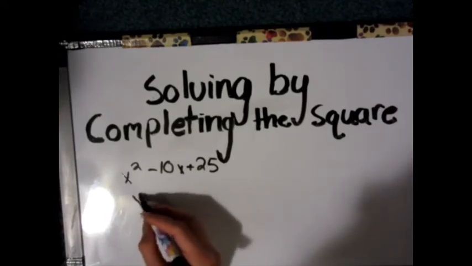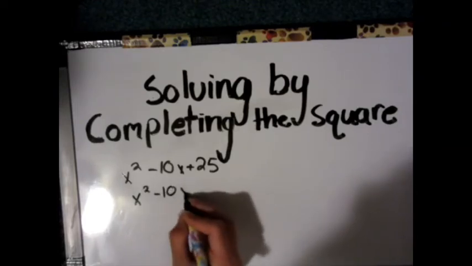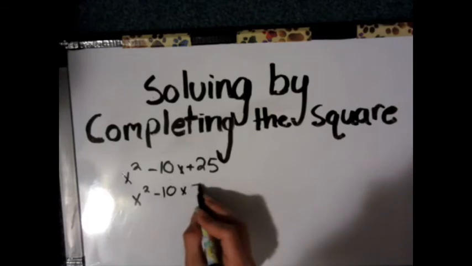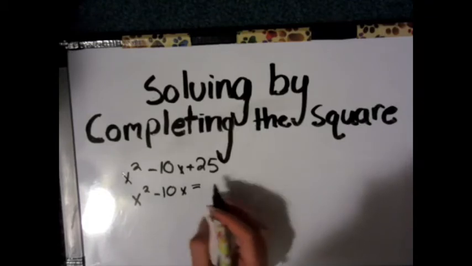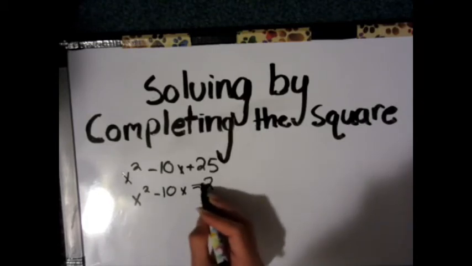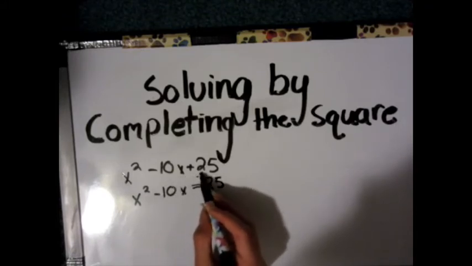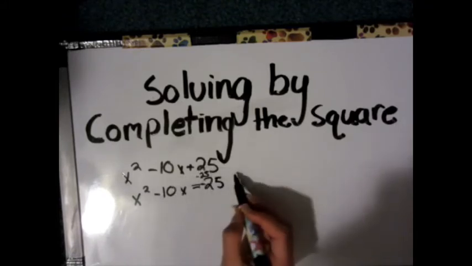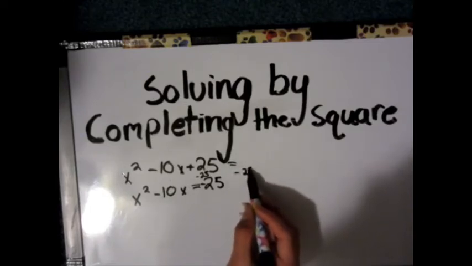So the whole goal of this is to get it as a perfect square. So you're going to always want to move your last value over to the other side of the equal sign. So negative 25 goes over here, since positive 25 cancels it out over here, and you're going to want to do the same thing to the other side of the equation.